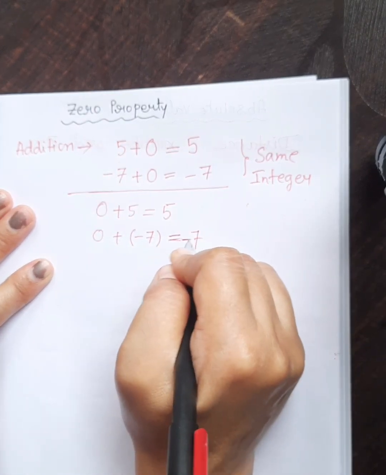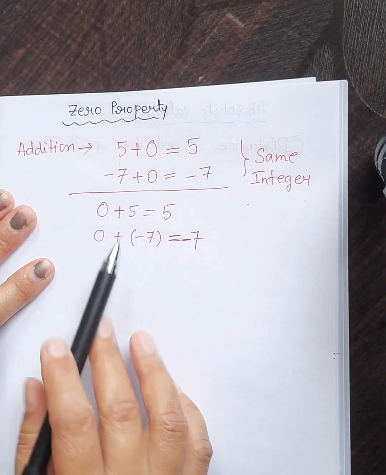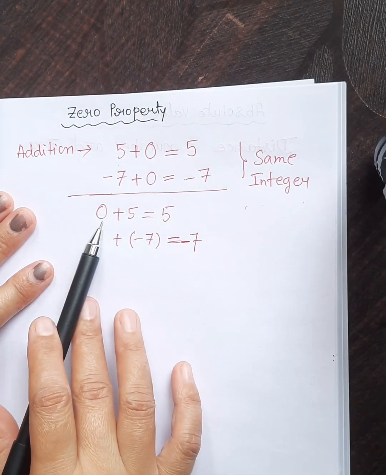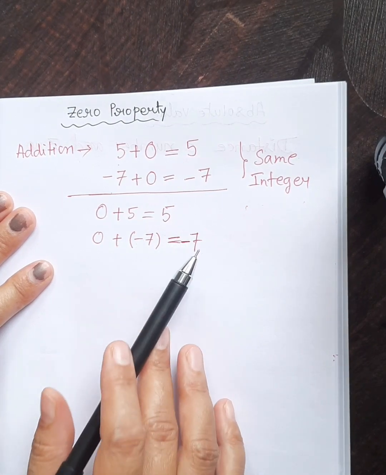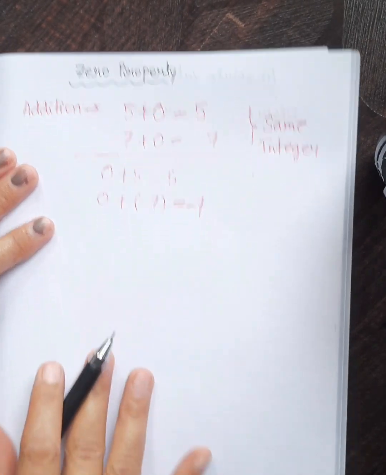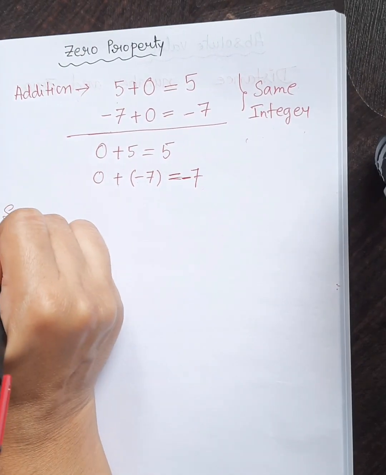So when 0 is added to any integer, positive or negative, we get the same integer.